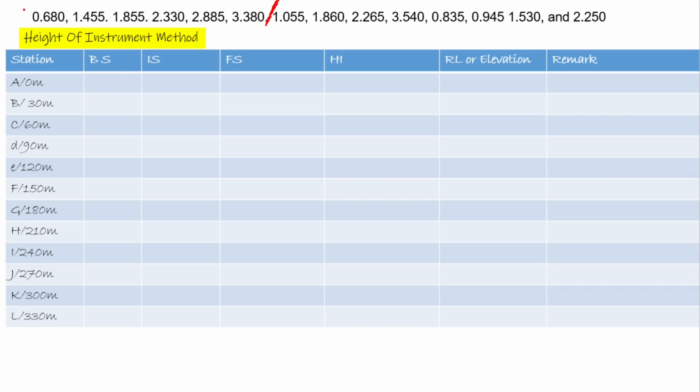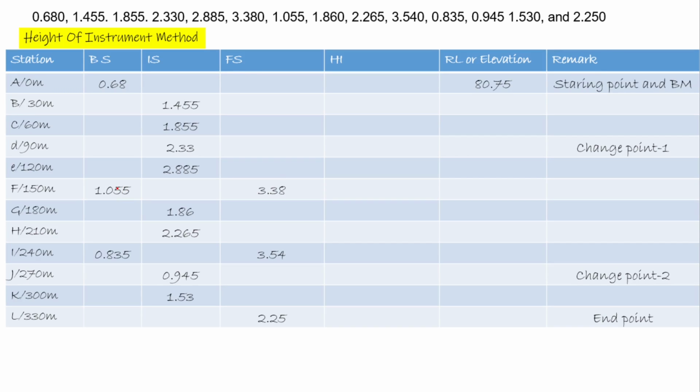So we will put the first reading in backsight and the last reading in foresight. So this will be your entry, and this reading will be your foresight reading. So we will start from here. Okay. So it will be your entry, and the third setup will be this. Okay, and RL of the first point was given, and these are your remarks.